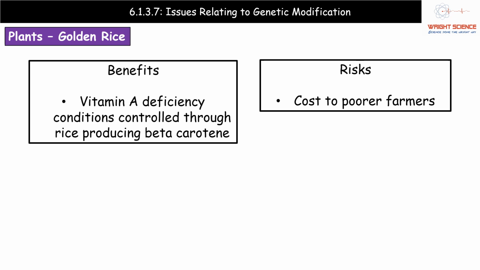We then come on to another plant example, one that you probably heard about at GCSE, golden rice. Now, golden rice is a type of rice that we've developed to produce beta-carotene.